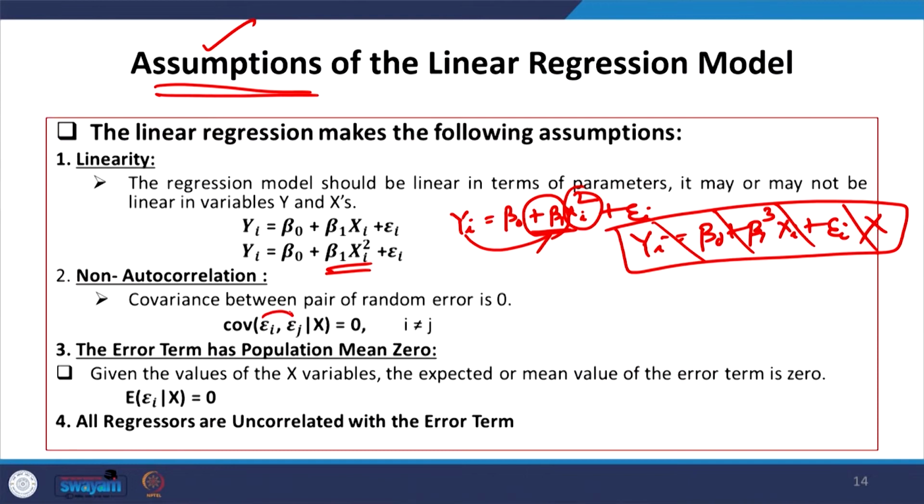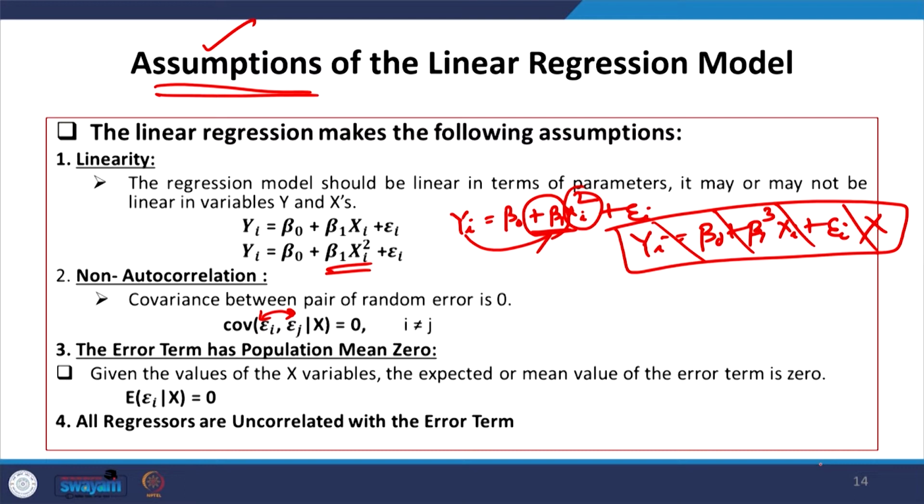If the covariance of error i and error j, given the control variables x, is equal to 0, that means there is no covariance, so the error terms are considered to have no autocorrelation. If you have autocorrelation, this will obviously be non-zero.